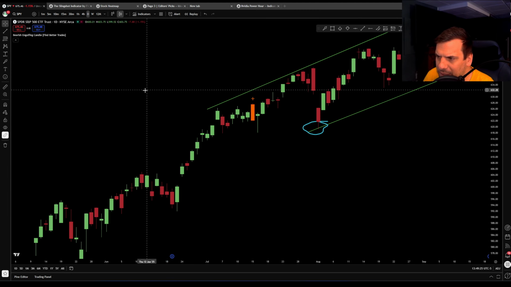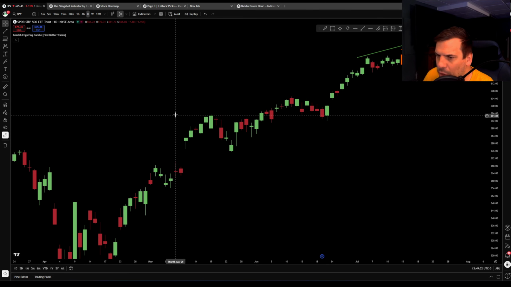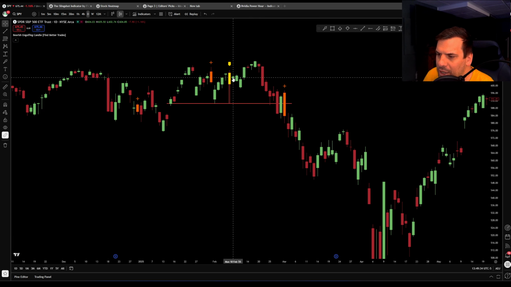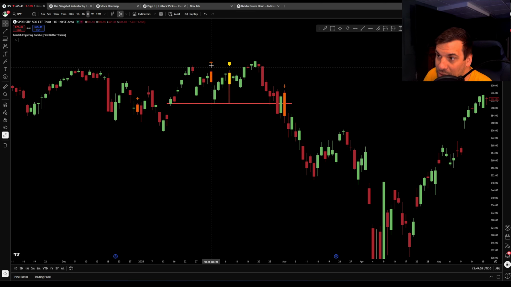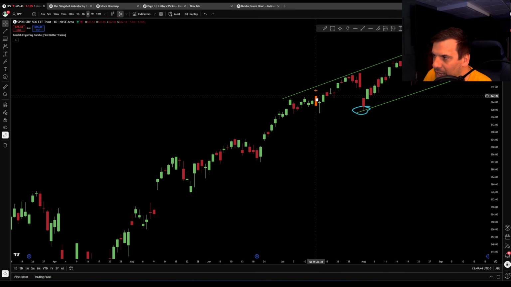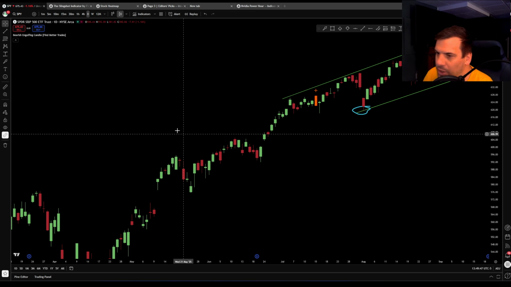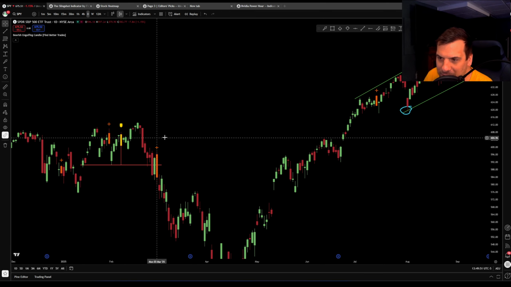I believe the last strong one, this one is technically one, but it's kind of a false flag. We don't really confirm that. So really the last one we had on the daily chart was back here in February. There was actually a warning shot right there, and then there was one right there, and here was that last one right there in July. So you're not going to get 1,000 different alerts every single day.